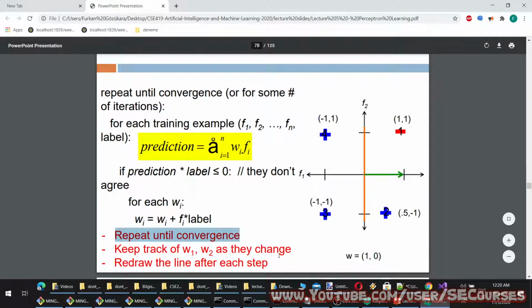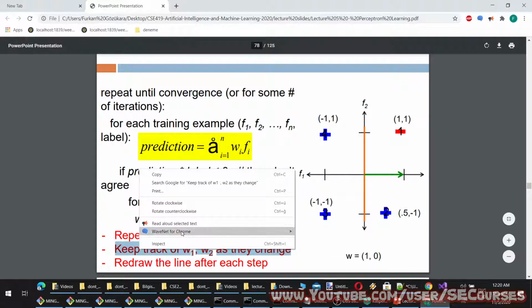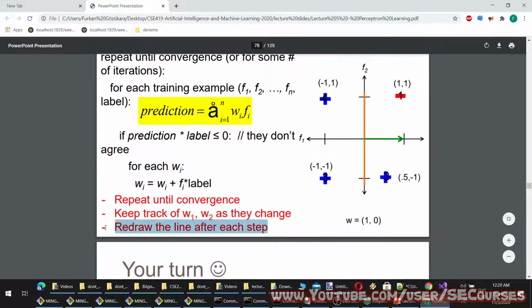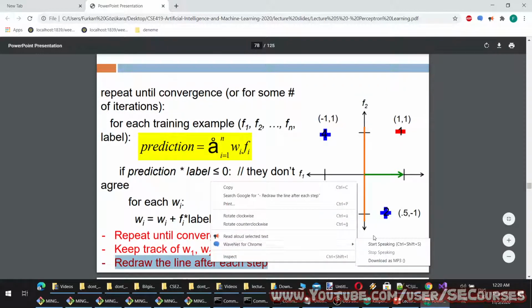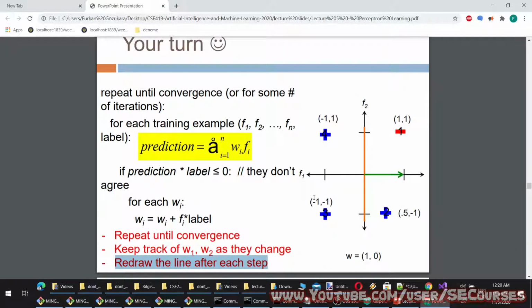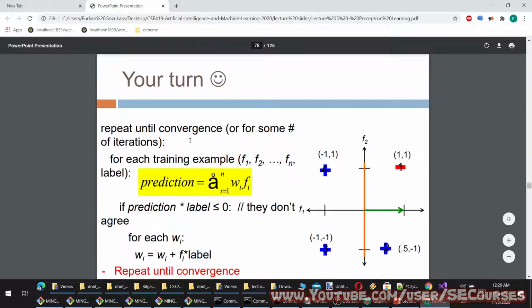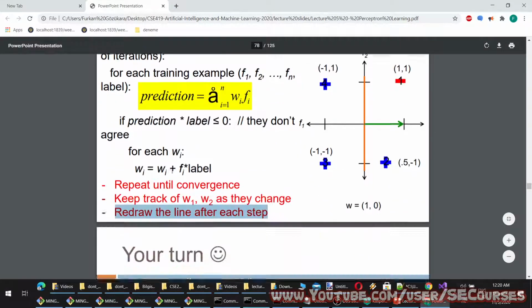This is important. Keep track of W1, W2 as they change. Redraw the line after each step. This is a simple practice for you if you want to do that.